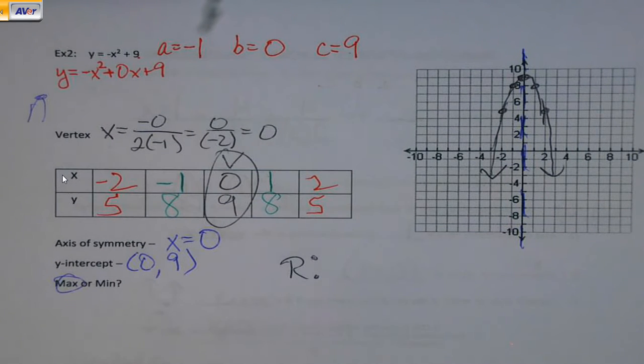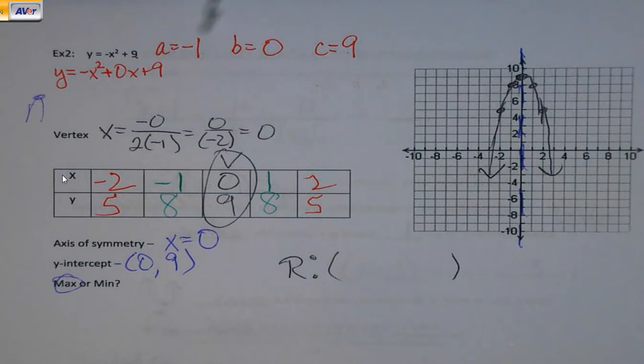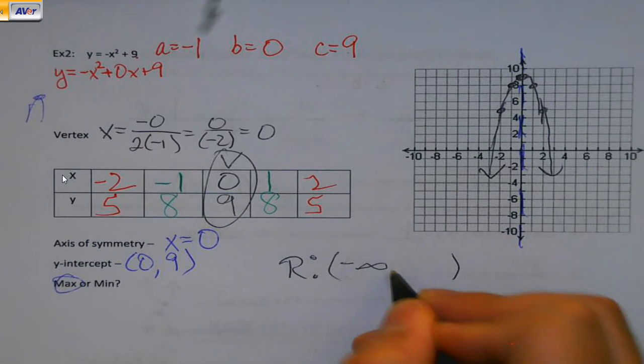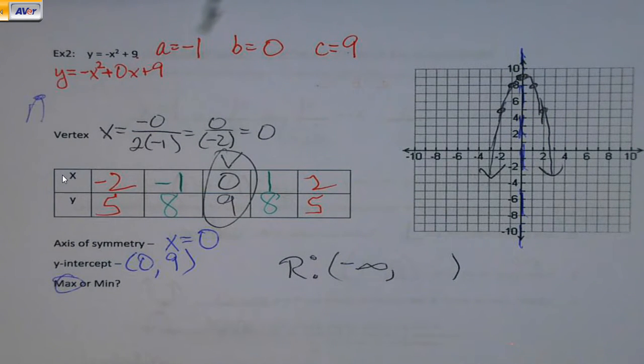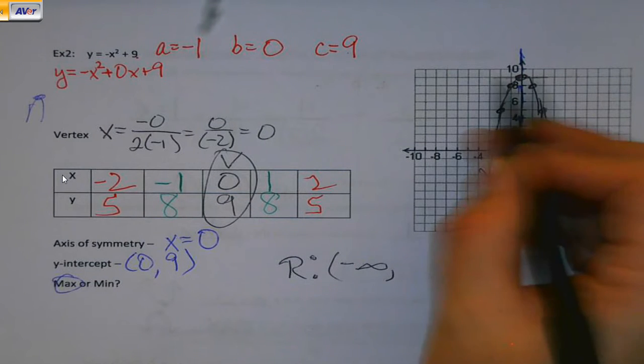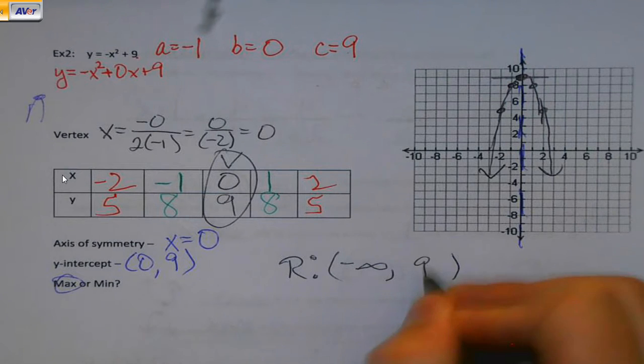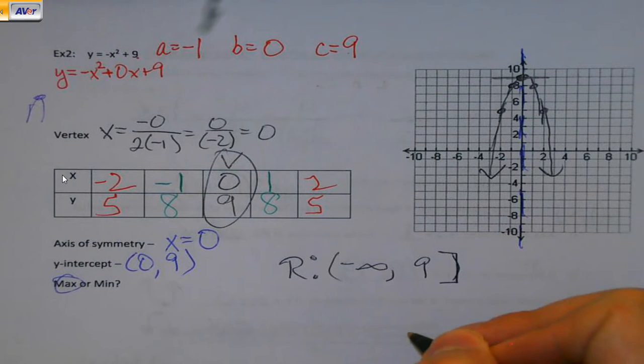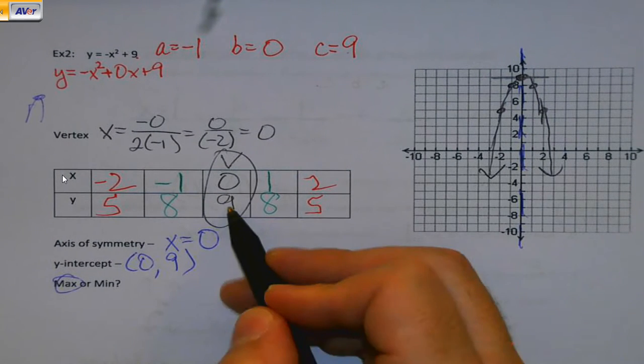Let's do range here. Remember, range is bottom to top. Well, bottom is down forever. So that's all good. Top, two ways to get it. Look at the picture. Use the y value. Or use the y value of your vertex.